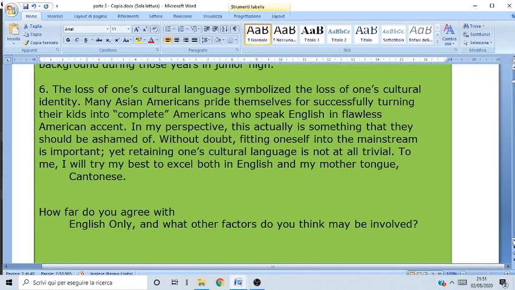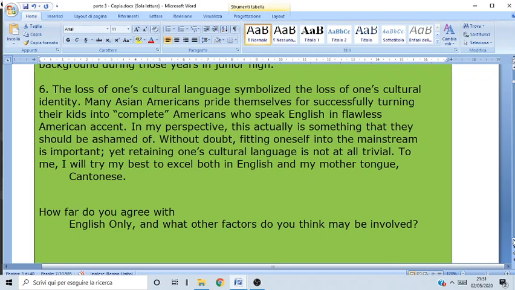So these six excerpts, these six statements from six different kids who did not have English as their mother tongue, definitely make us think about the English-only movement.